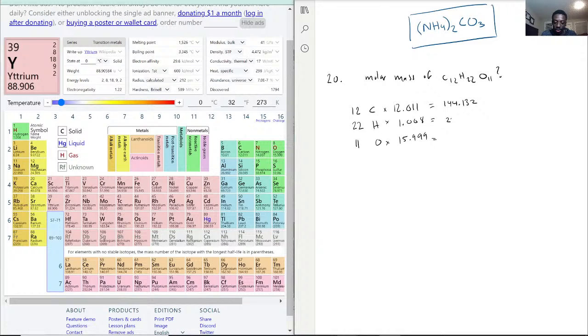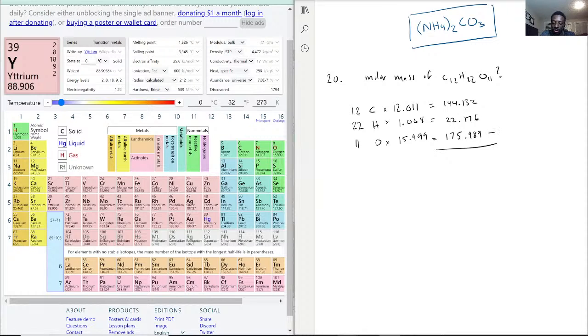The hydrogen would be 22 point something, 22.176. And oxygen should be kind of like 11 times 16, but minus a little, 175.989. So 11 times 16 is usually 176.